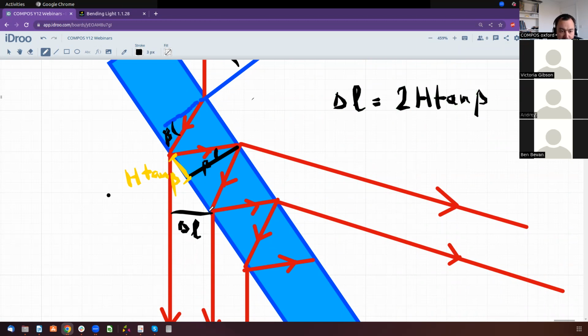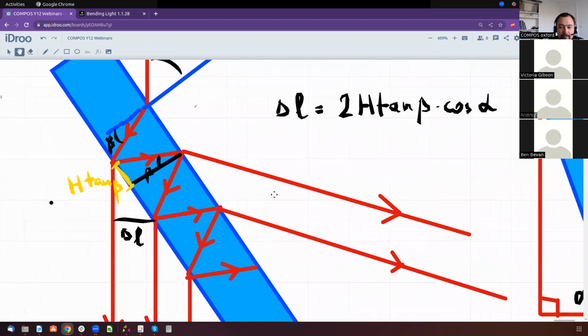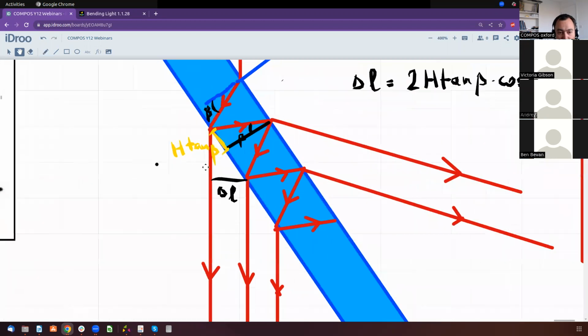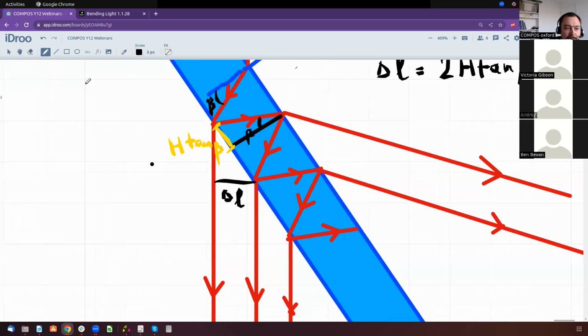That's this side, times cos alpha. And yeah, this is just a bit of trig, nothing serious.